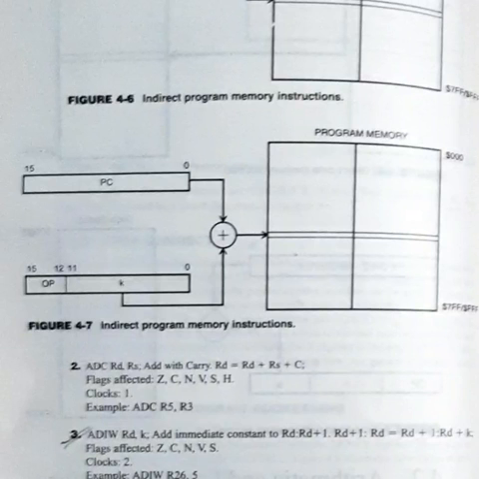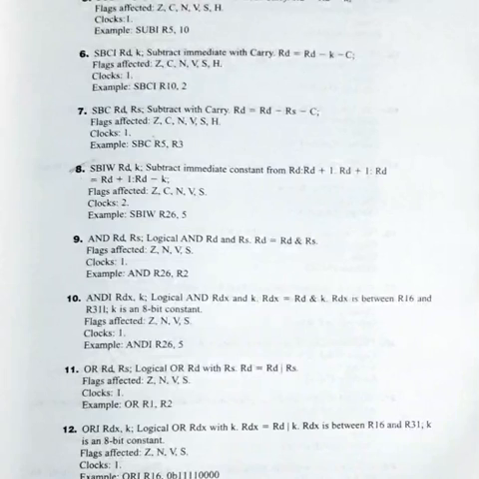Then SBIW: subtract immediate constant from RD plus 1, RD plus 1 and RD equals RD plus 1 and RD minus K, and clocks is 2.